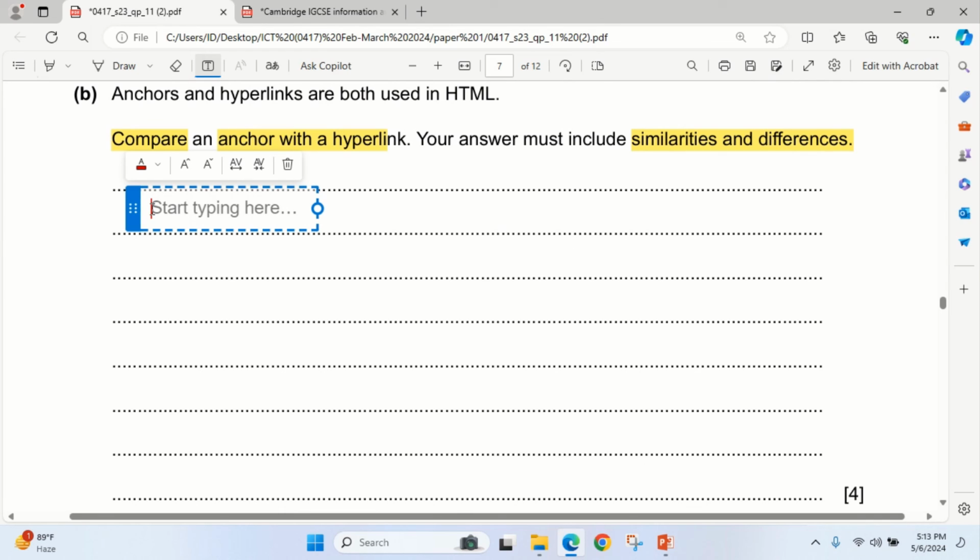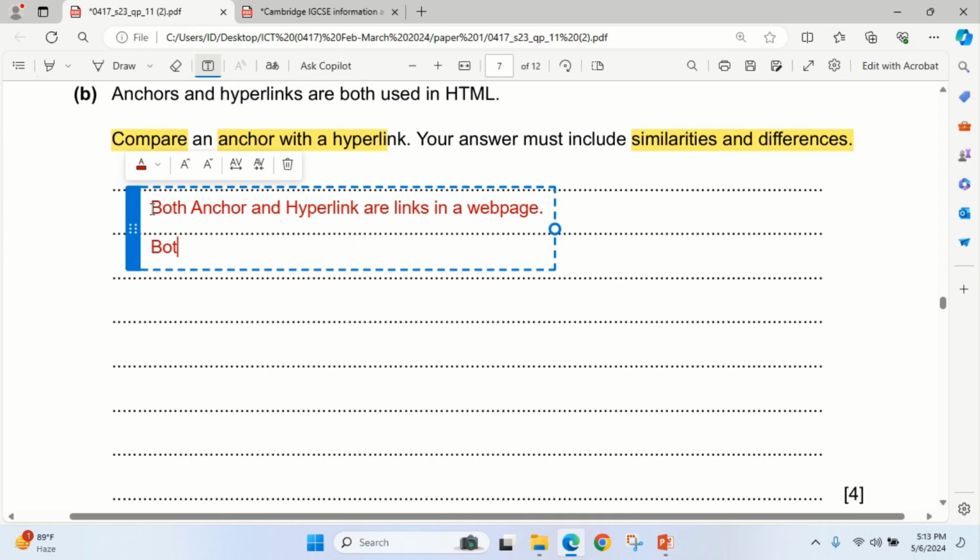So you can say that both anchor and hyperlink are links in a web page. That is very important. Then you can say both can be attached to either icons, text, images, or graphics.